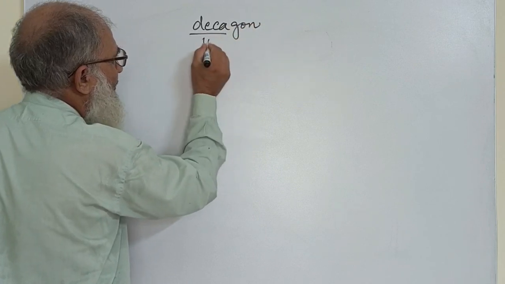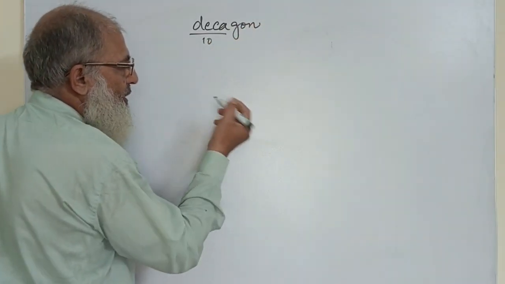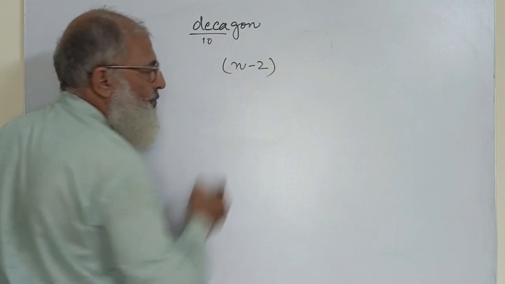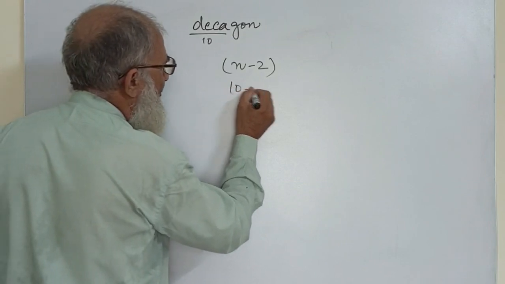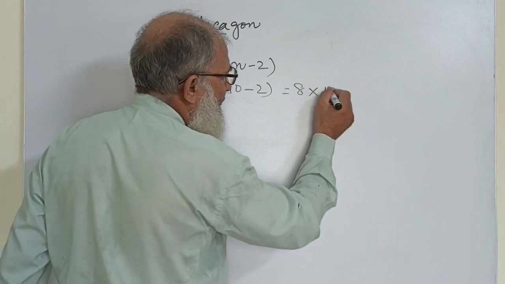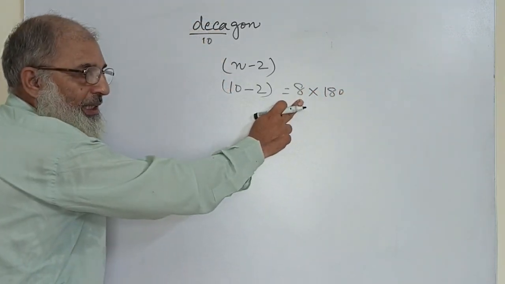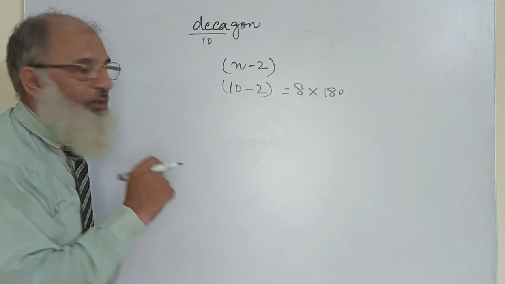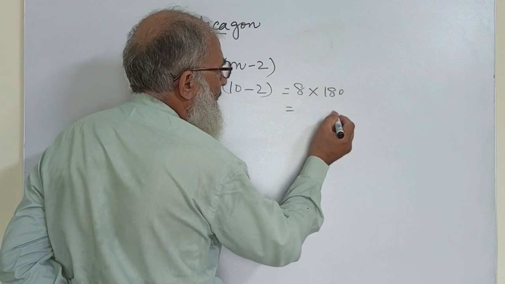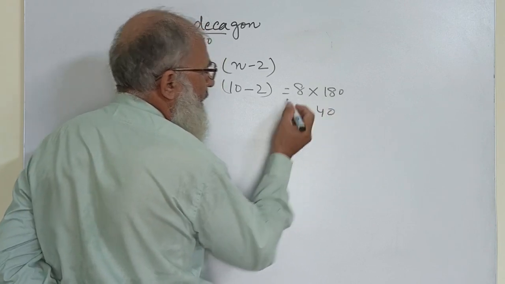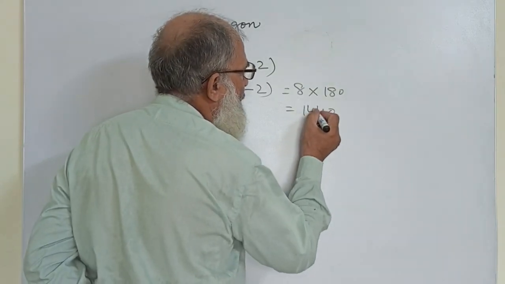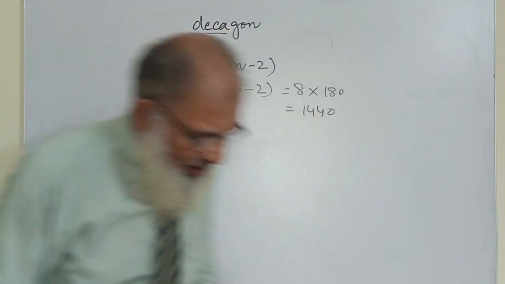Now this means 10. What was our formula? The formula was n minus 2. Now what does it mean? 10 minus 2 is equal to 8. And if I multiply 8 with 180, there are 8 triangles in one decagon. So this will become 8 times 0 is 0, 8 times 8 is 64, and 8 ones are 8, and 14, 40. It was very simple.